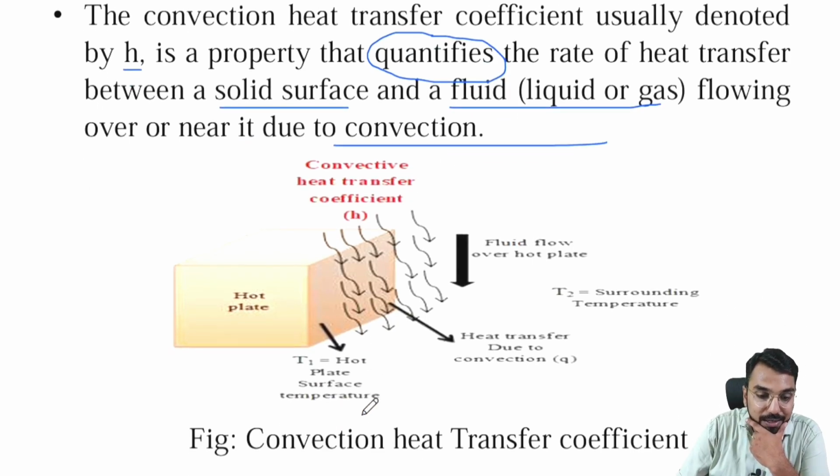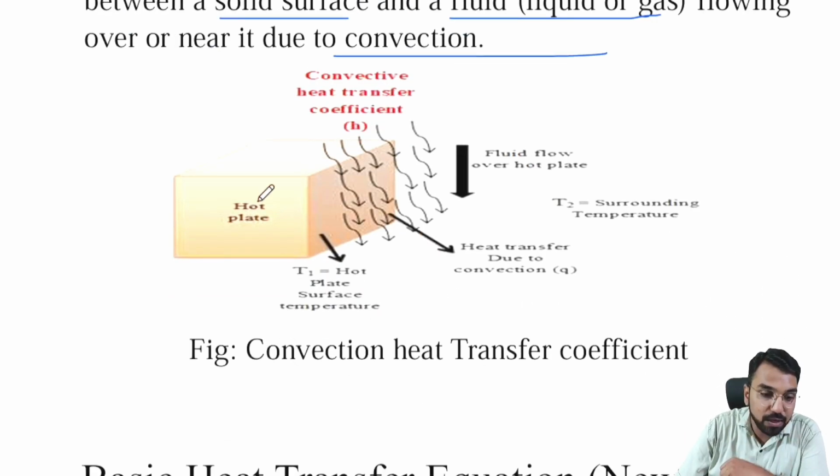The figure illustrates the same thing: a hot plate with air, or any fluid, flowing over it with some velocity. The convective heat transfer coefficient h is the prominent factor that quantifies how much heat is transferred from the hot plate to the surroundings.